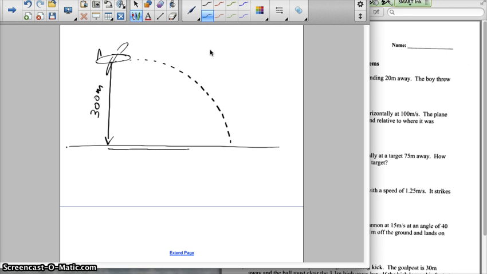We don't know our displacement in the x direction, and our displacement in 2 dimensions looks like this.